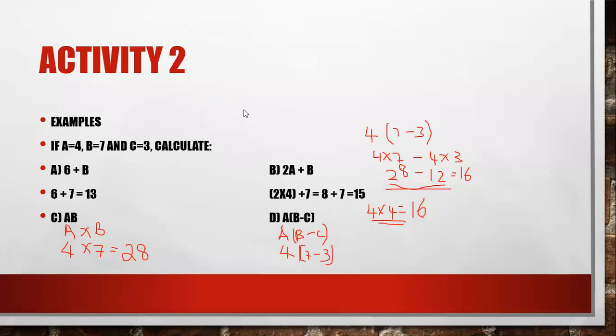Okay, Gilbert's hand is up. Gilbert, please unmute. So the question says 6 plus b. In order for us to get the answer, we have to first substitute the b. And in the main example, it says b is equal to 7. So we shall say 6 plus 7, which is 13.